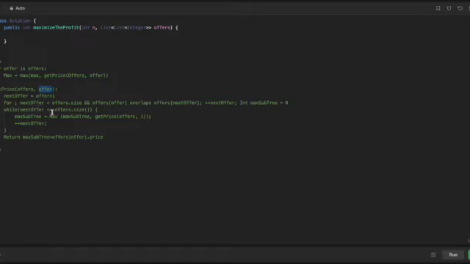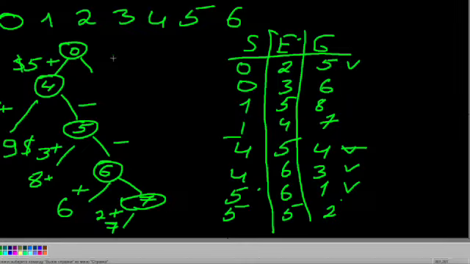And as long as there is such an offer, which means the next offer index is less than the existing number of offers, we recurse into the tree. And for example, we say, okay, so now we found this fourth offer that doesn't overlap with the offer index 0, and how much money are we gonna make if we choose this one?